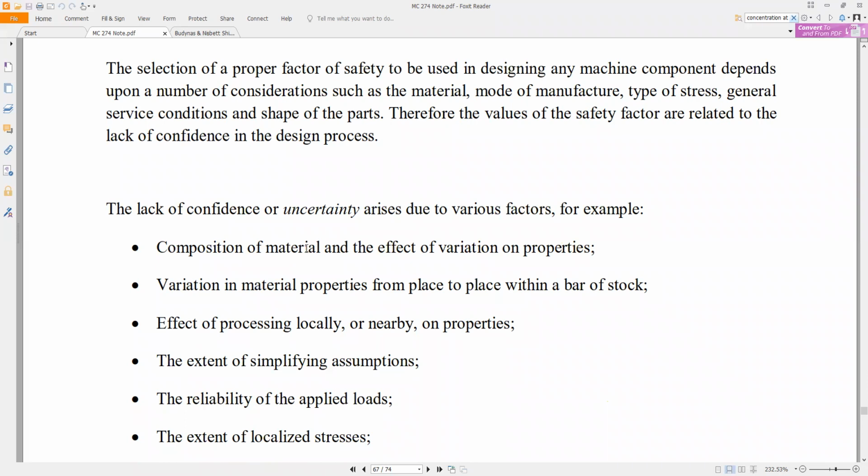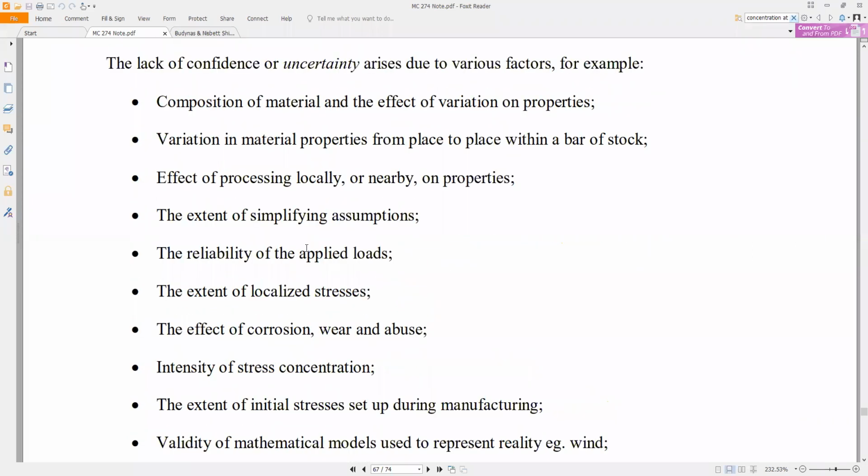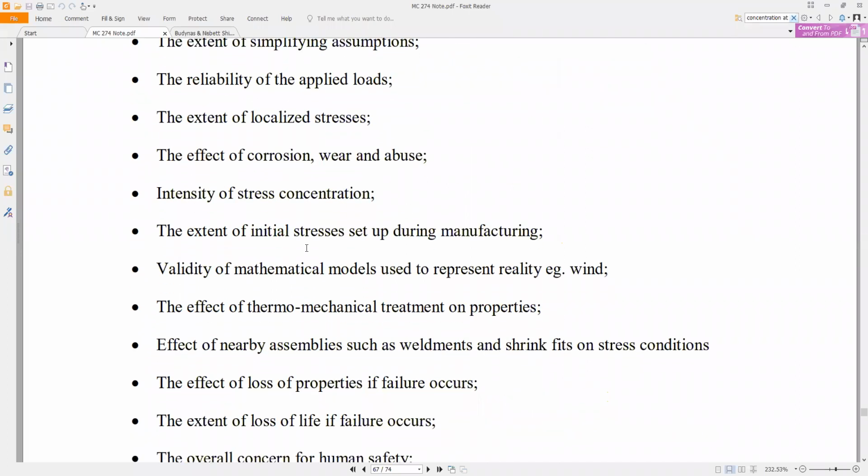The lack of confidence or uncertainty arises due to various factors. For example, we have composition of material and the effect of variation on properties. Variations in material properties from place to place within a bar of stock, effect of processing, the local, and all these other ones are there, okay?